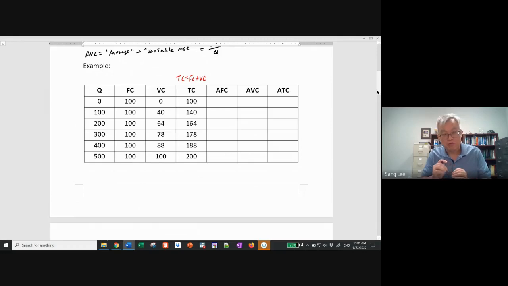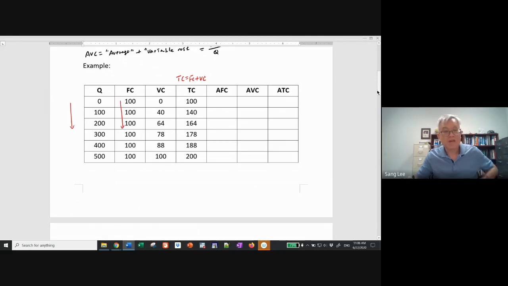Whether you produce zero output or 100 units, 200 units, fixed cost does not change. You can see it here along the second column. As output increases, does fixed cost increase? No, it remains the same. That's why we call this fixed cost.